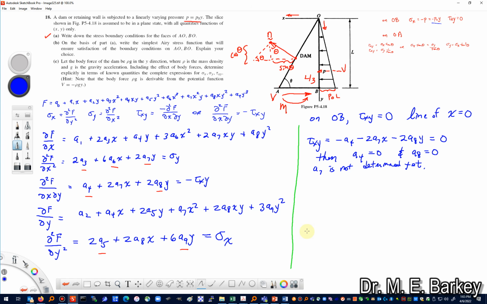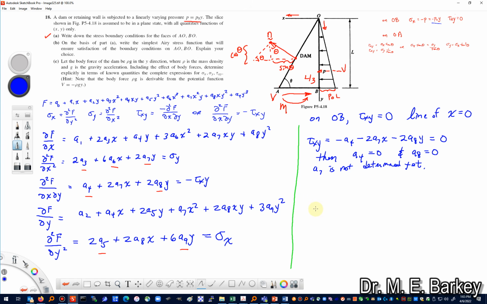Let's take a look at the sigma x stress on the line of x is equal to 0, so that means on OB. So sigma x ought to be equal to minus p naught y. We said that right up here. Okay.